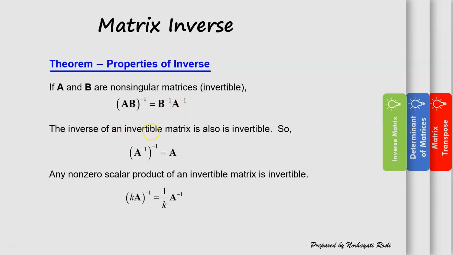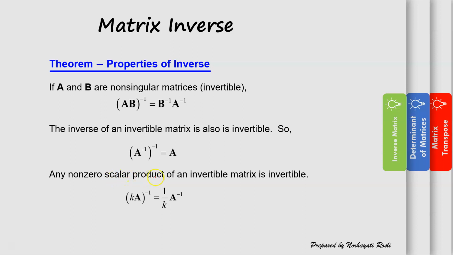The inverse of an invertible matrix is also invertible. If you take the inverse of the inverse of the invertible matrix, the answer is the A matrix. It will go back to the original matrix.